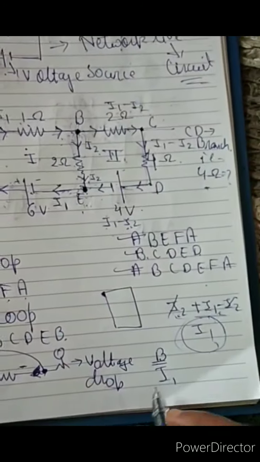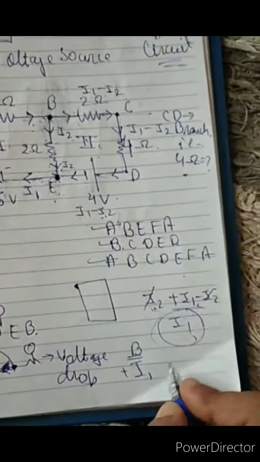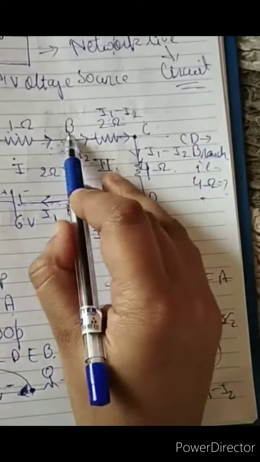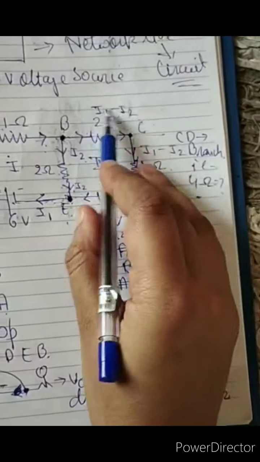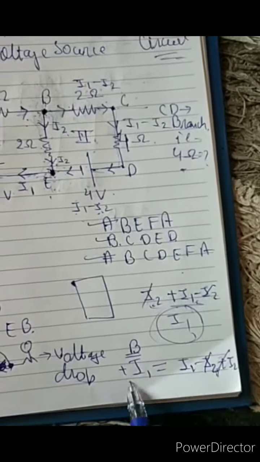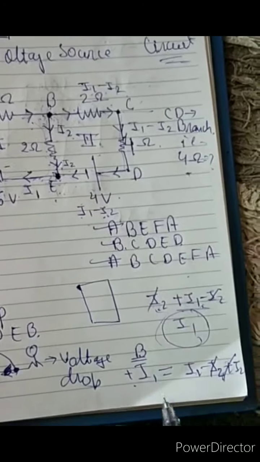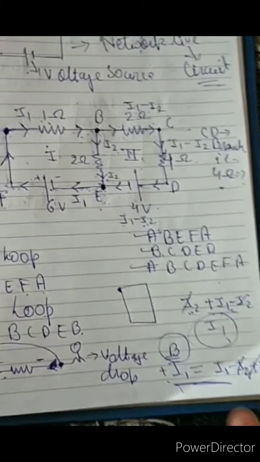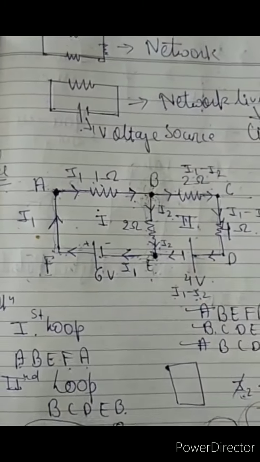Current I1 is coming, it means positive, and what is going out? It must be equal to I1 minus I2 going out. So positive I1 minus I2 and I2 is going out, so plus I2. So can you see? I1 is equal to I1. So LHS is equal to RHS at point B, at junction point B. Okay, so now we have distributed the current.